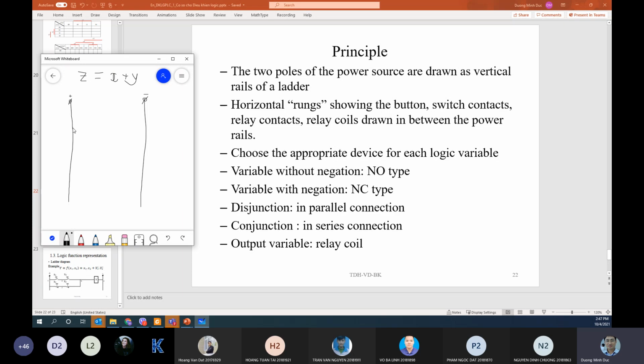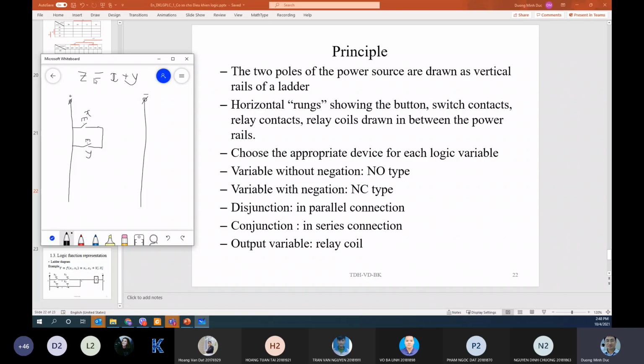So I suppose this is a button. This is X. And X plus Y: plus is a disjunction, so it must be in parallel connection. So this is Y, and we connect them in parallel.